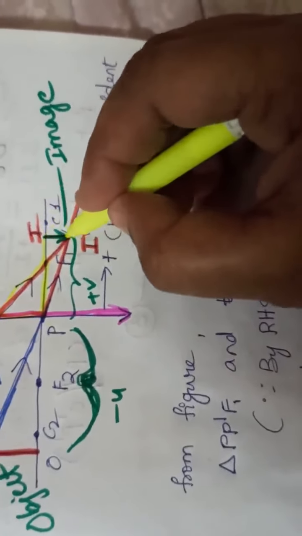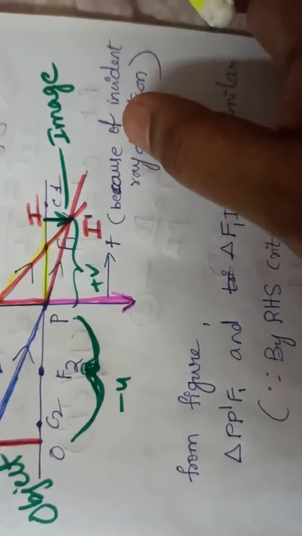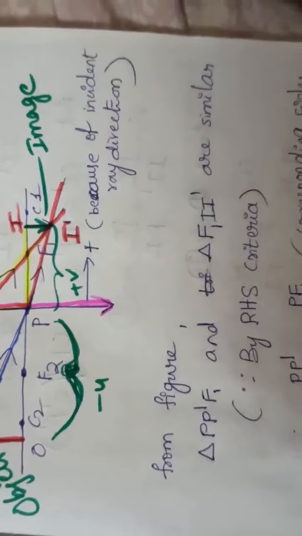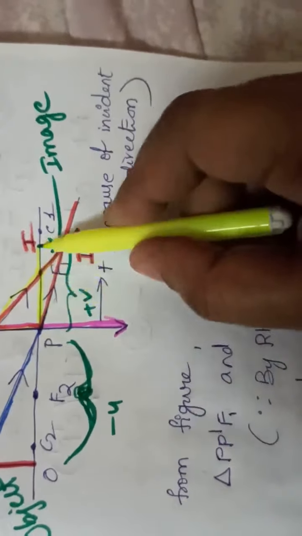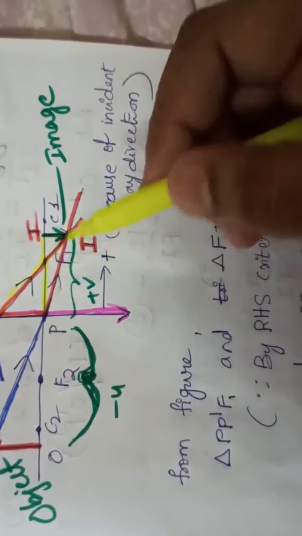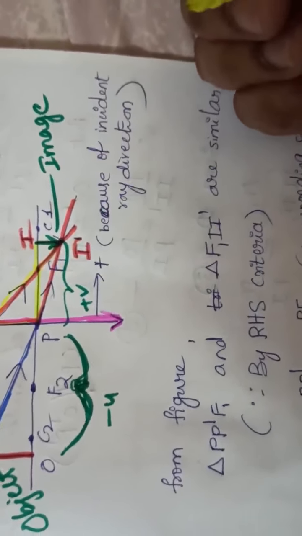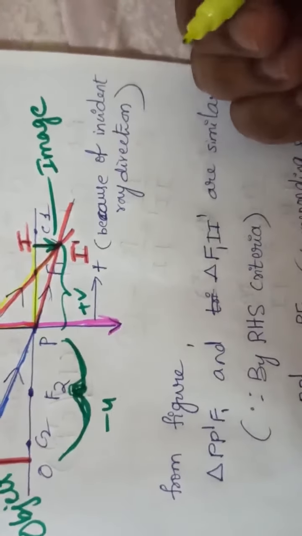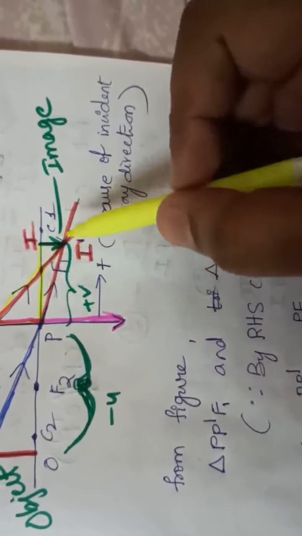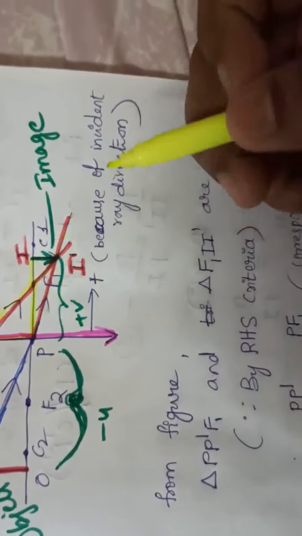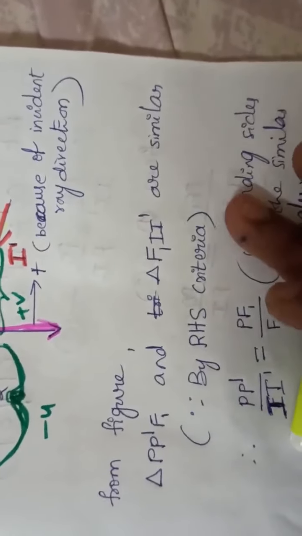These two are right angle triangles. One right angle is the same, and also we are taking the common base. One right angle at 90 degrees, and one side corresponding similar. So we can consider, children, that these two are similar by the RHS criteria.